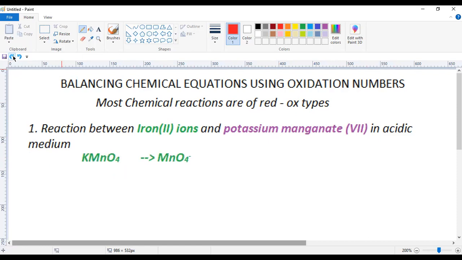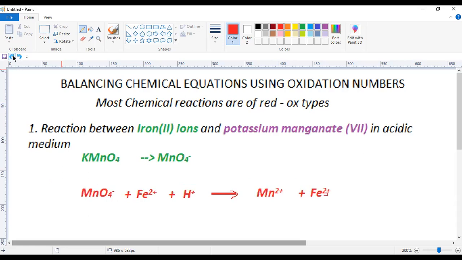If I push it up a little bit, let's see how MnO4 minus, manganate 7 ion, is going to react with Fe2 plus ions in the medium of hydrogen ions, in other words, acidic medium, to produce: MnO4 minus goes to Mn2 plus, and Fe2 plus goes to Fe3 plus.